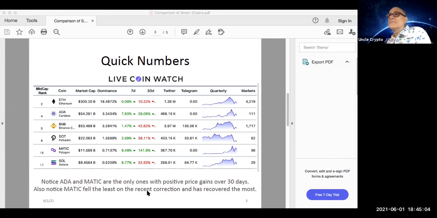Let me point out that the percentages in green are up and the percentages in red are down. So let's look at the 30-day percentage up or down for Ethereum. That's 10% down for the month. You see how that works?